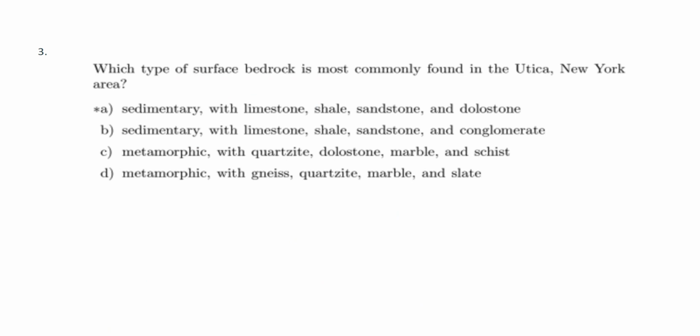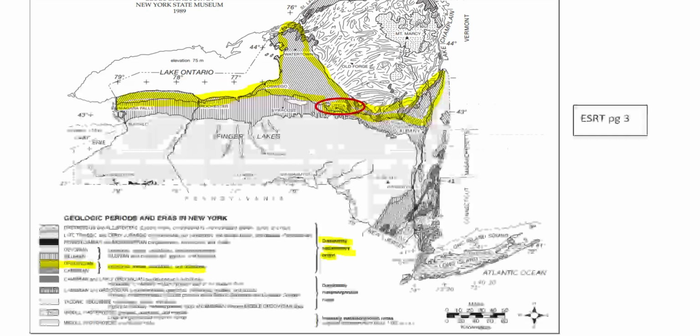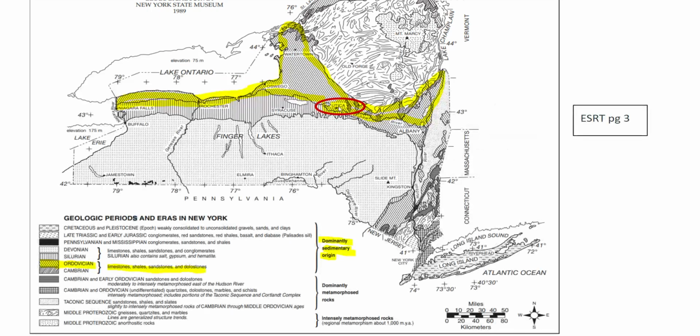Which type of surface bedrock is most commonly found in the Utica, New York area? The answer is A, sedimentary with limestone, shale, sandstone, and dolostone. The question has bedrock in it, so we should go to reference table page 3. Here's Utica, and we can see from the pattern that Utica's in the Ordovician period.